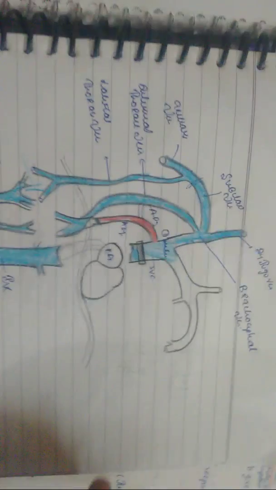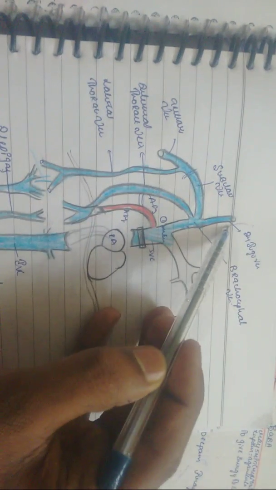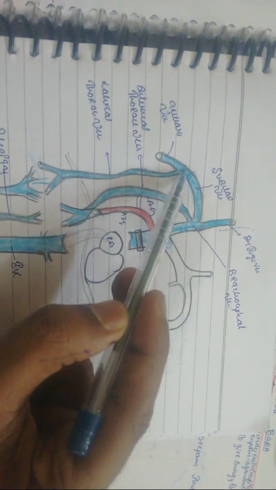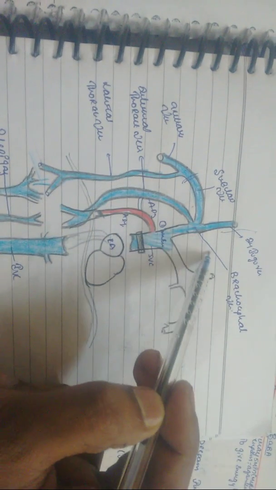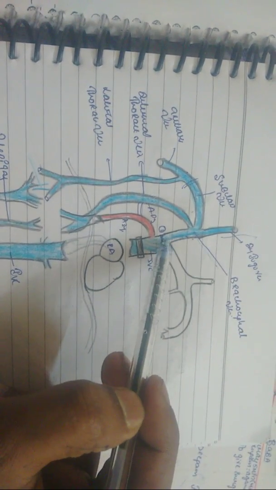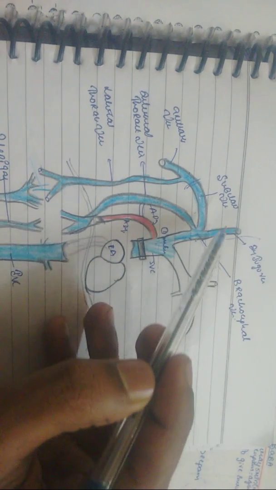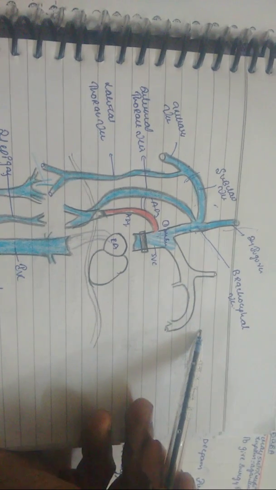The internal jugular vein and subclavian vein fuse and form the brachiocephalic vein, and the brachiocephalic vein drains into the superior vena cava. This is on the right side.